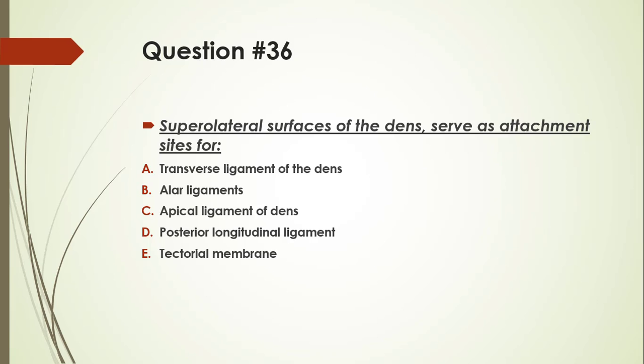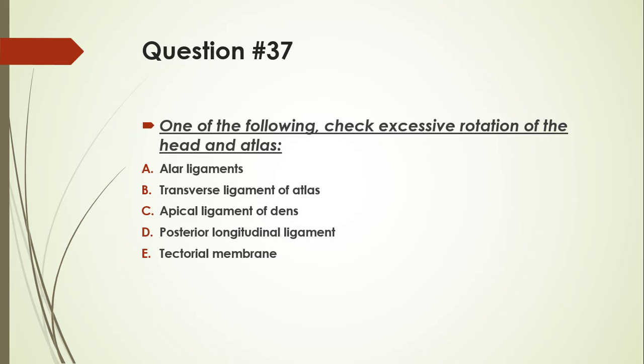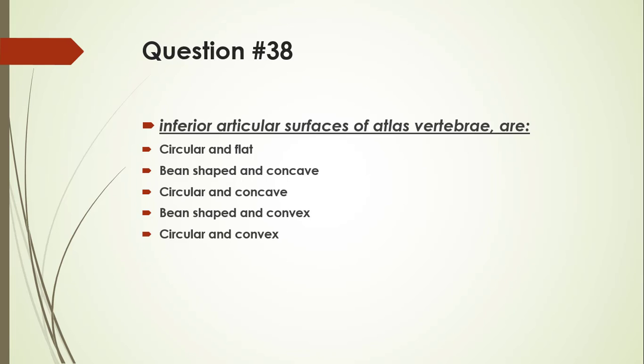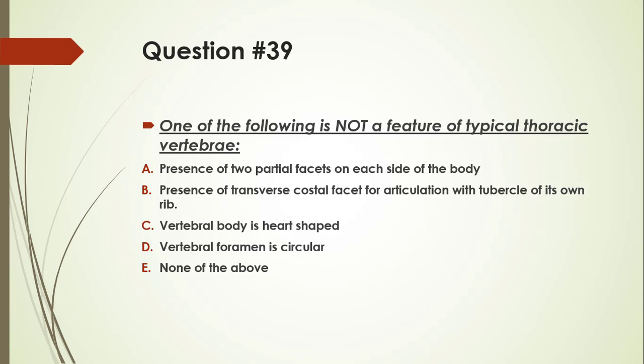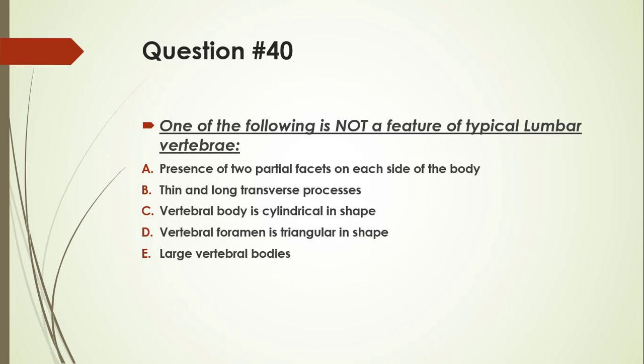Superolateral surfaces of dens serve as attachment sites for which ligament? One of the following checks excessive rotation of the head and atlas. Inferior articular surfaces of atlas vertebra are. One of the following is not a feature of typical thoracic vertebrae. One of the following is not a feature of typical lumbar vertebrae.